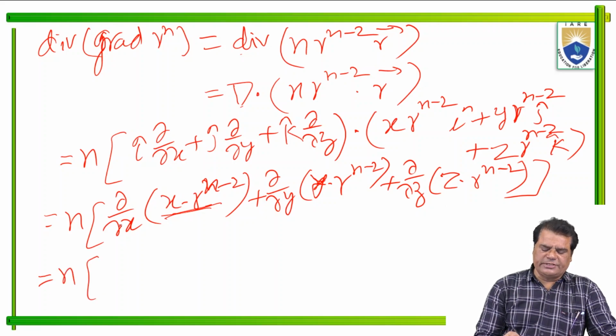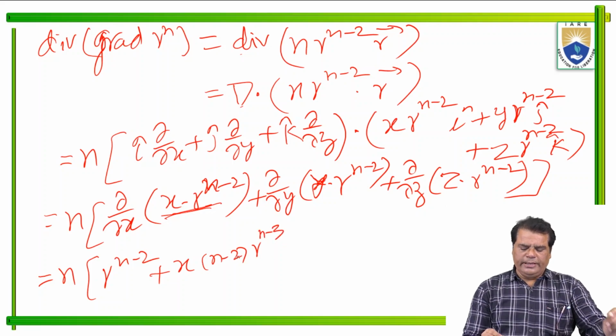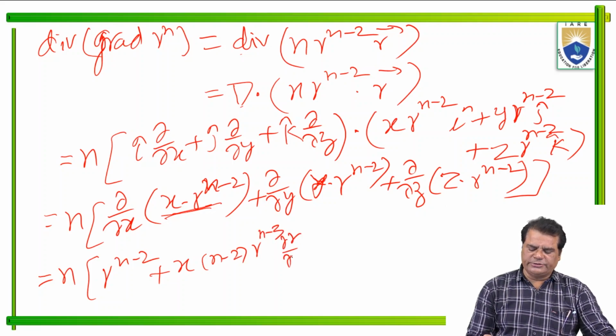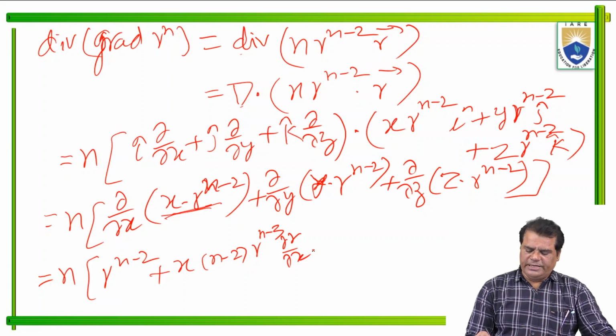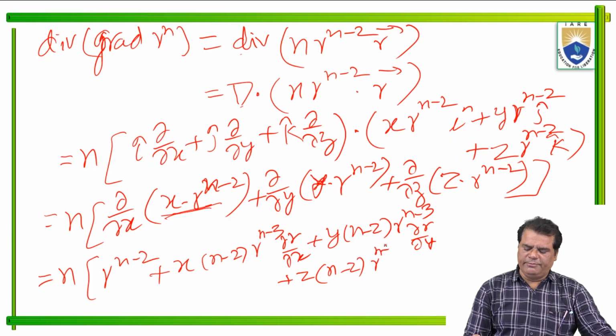First differentiating x, we get r to the power n minus 2, plus x times n minus 2 r to the power n minus 3 dou r over dou x, plus similarly y n minus 2 r to the power n minus 3 dou r over dou y, plus z n minus 2 r to the power n minus 3 dou r over dou z.